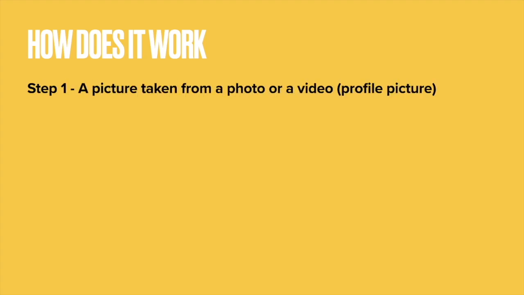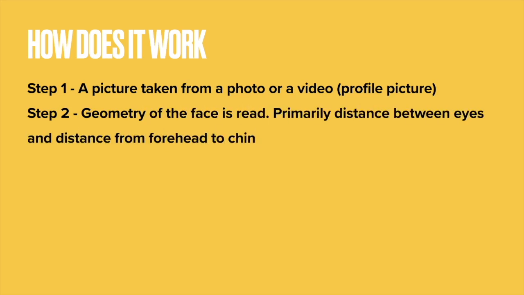So, how does it work? Well, you will be surprised to know that facial recognition is actually not as complicated as many people believe it to be. To begin with, a picture is taken from a photo or an existing video, and then the geometry of the face is read. This is the primary functioning of facial recognition.